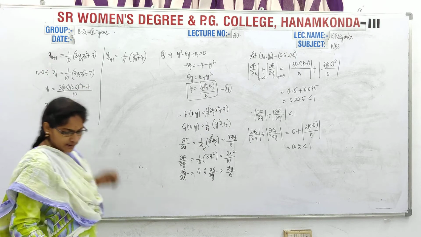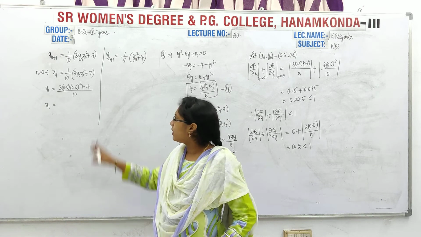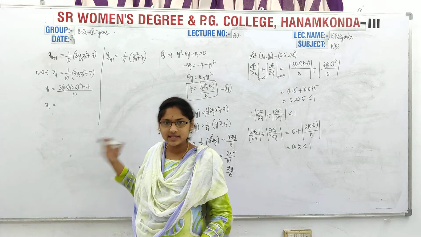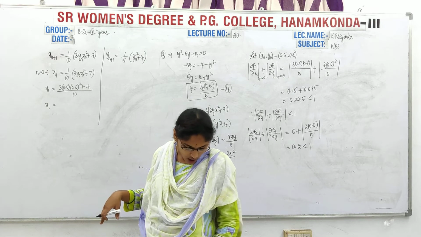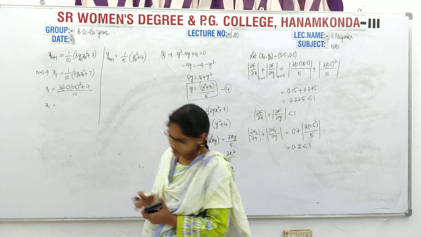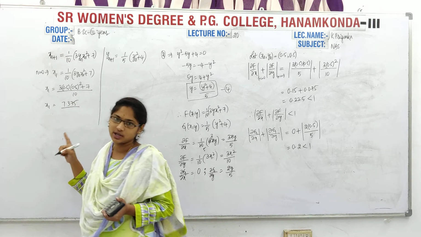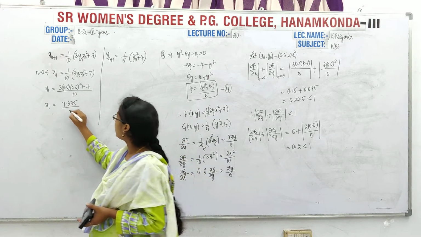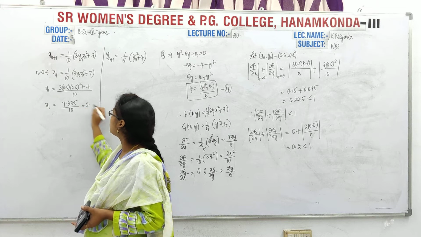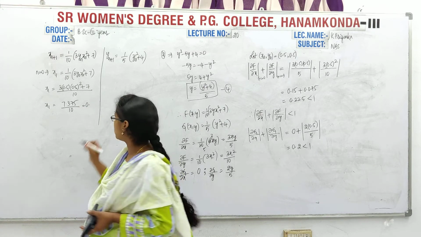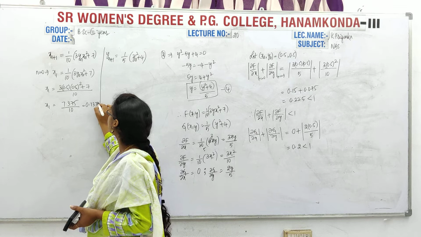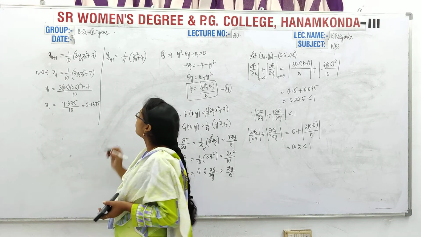Just multiply 0.5 whole cube into 3, plus 7, divided by 10. What will be the value? 7.375. This is the first iteration, so that's why I am dividing by 10. Now it is 0.7375. This is the value of x1.